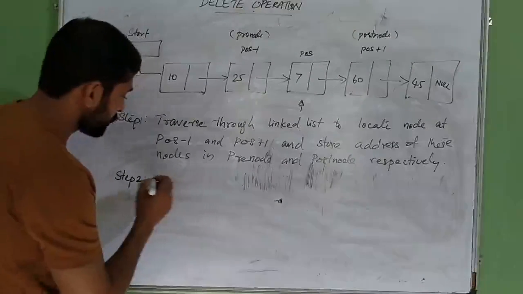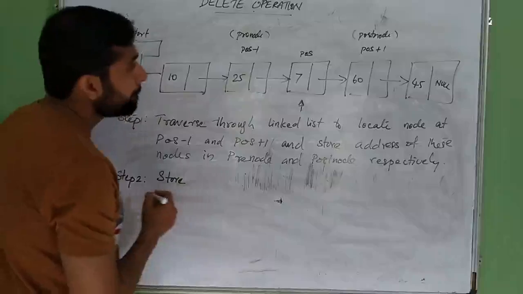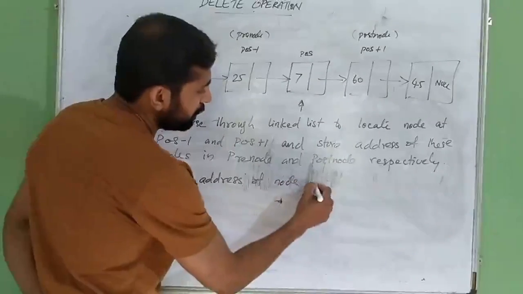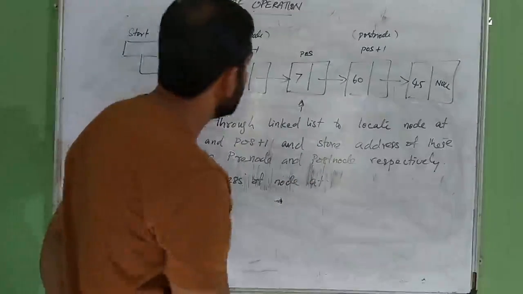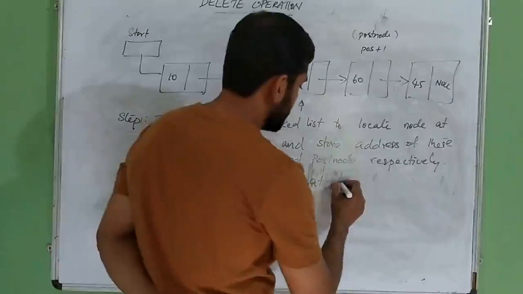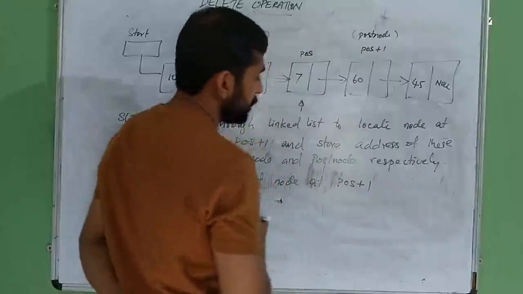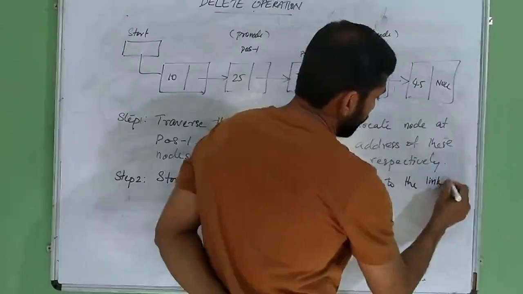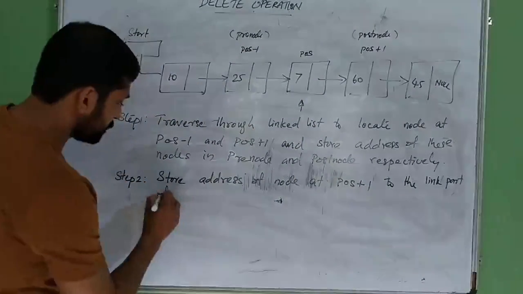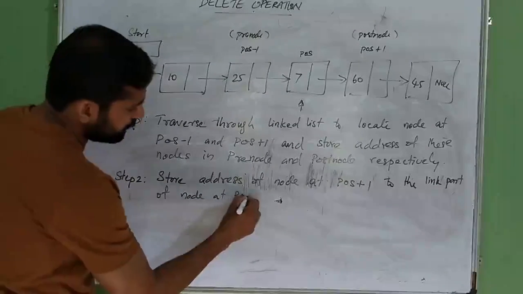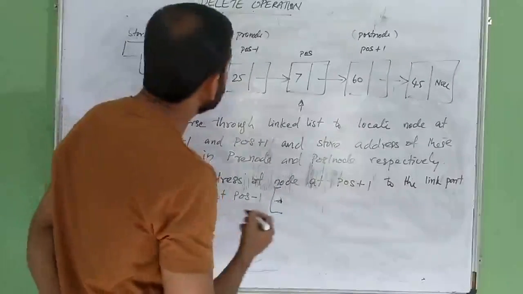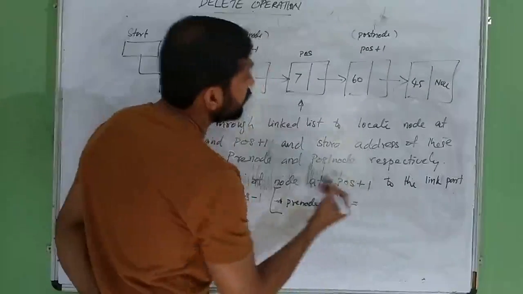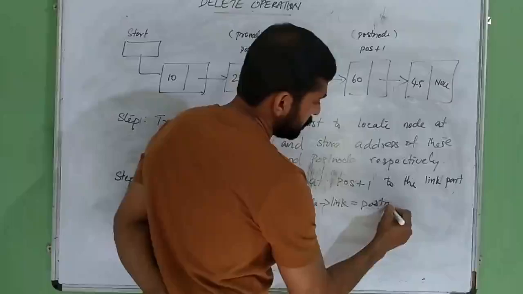So store address of node at POS plus 1 to the link part of node at POS minus 1, that is pre-node arrow link equal to post node.